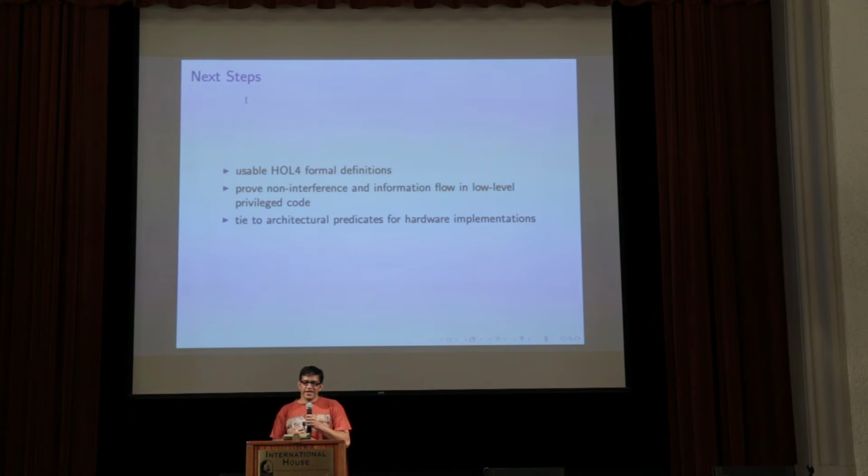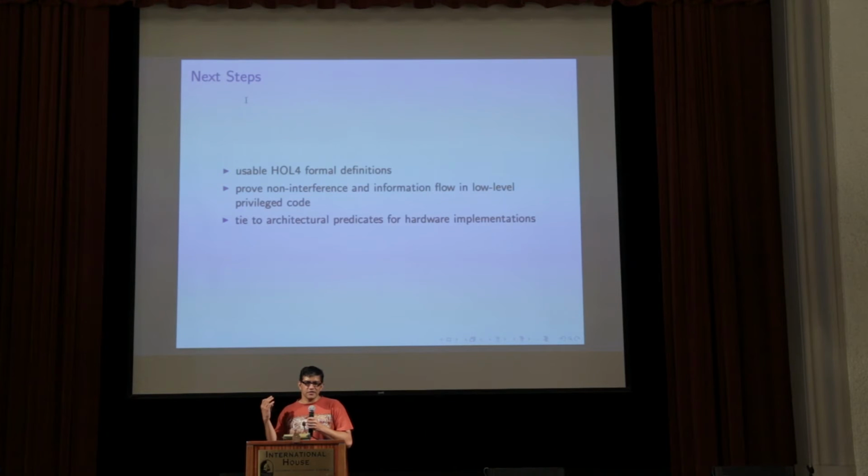And on the formal side, we're going to take a look at exporting HOL4 formal definitions of the ISA, and try to prove, as was mentioned, there's an effort to port seL4 to RISC-V, and there are some interesting properties of seL4 we could prove using a formal spec like this.